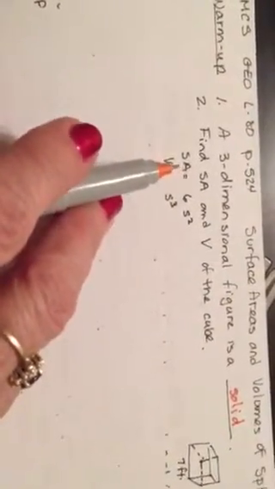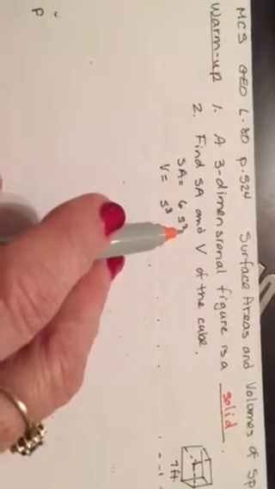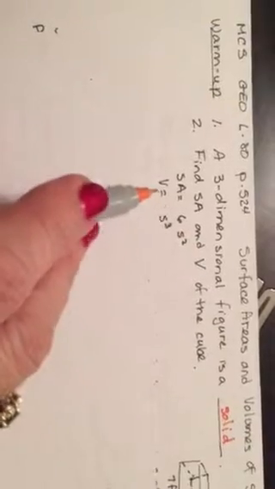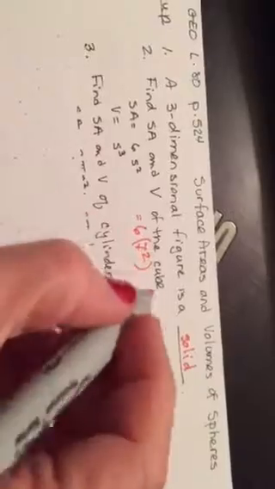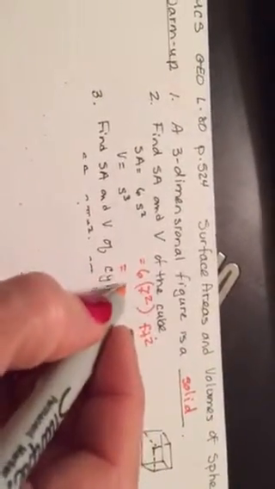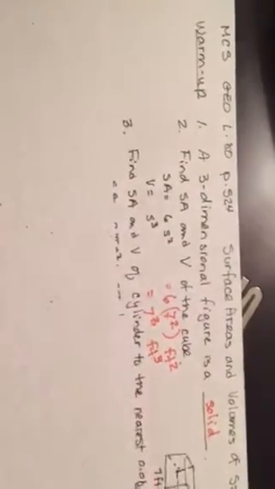And so I write that the surface area is 6 times the side squared, and that the volume equals the side cubed. So it would be 6 times 7 squared, and the answer is in feet squared, and this would be 7 cubed, feet cubed.